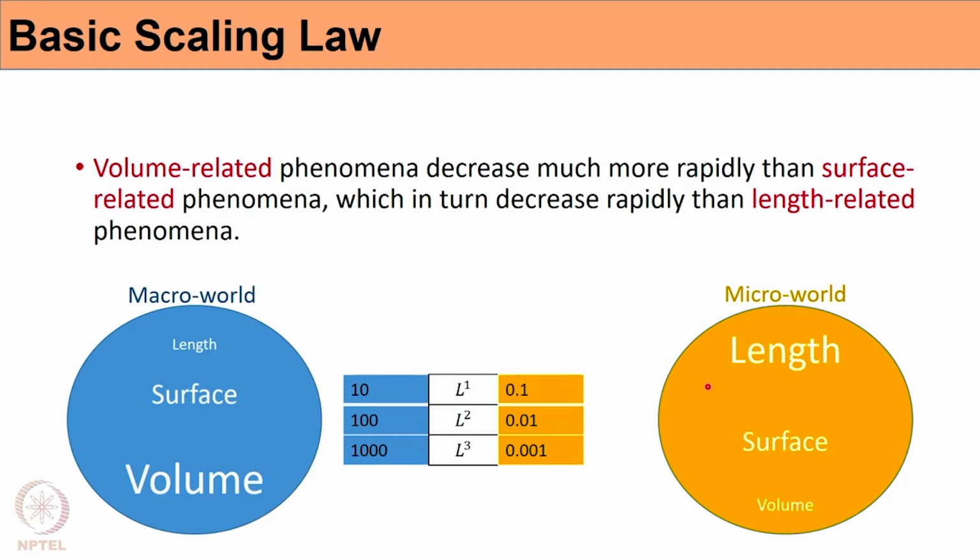This is the basic scaling law, where you can see that if some phenomenon depends on a single dimension, only the length scale, then it increases by 10 times or reduces by 10 times as we increase or decrease the size by 10 times. Whereas phenomena which are surface dependent go by 100 times higher or 100 times lower if we scale up or scale down.